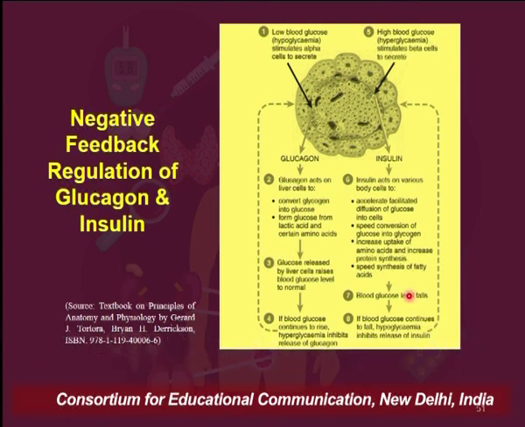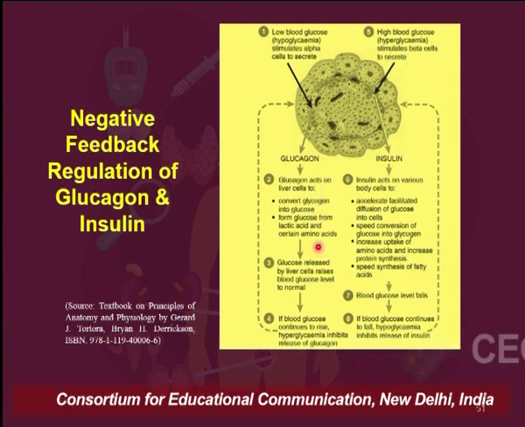So how does the regulation of glucose and insulin work? So there is a very beautiful negative feedback mechanism. So you can see here that whenever there is low blood glucose levels, that is the hypoglycemia, it will signal the alpha cells of the pancreas to produce glucagon. Now this glucagon will go to the liver cells, that is hepatocytes, and will do what? It will do the glycogen breakdown, that is glycogenolysis.